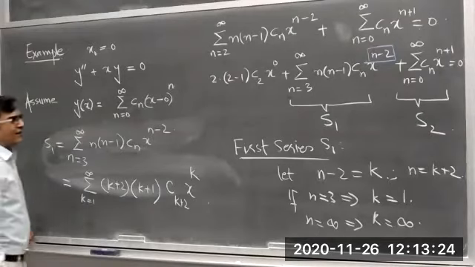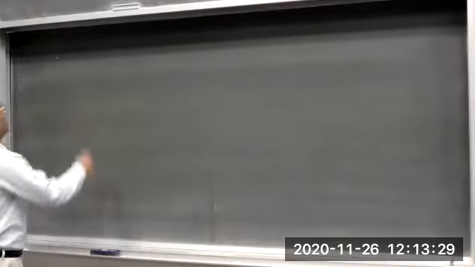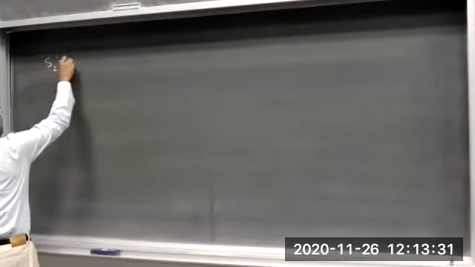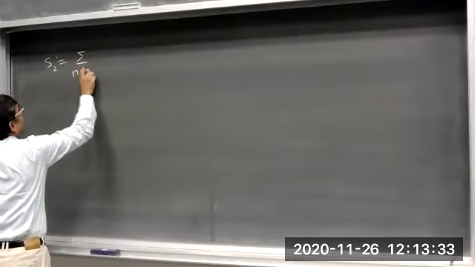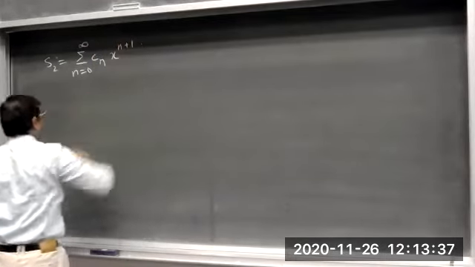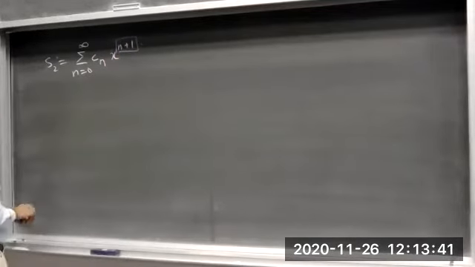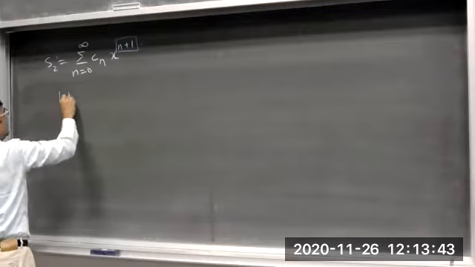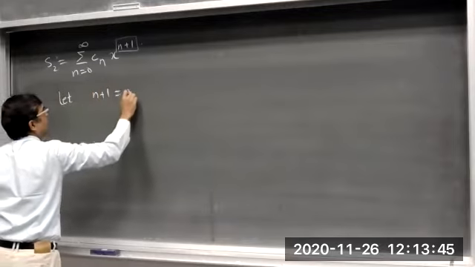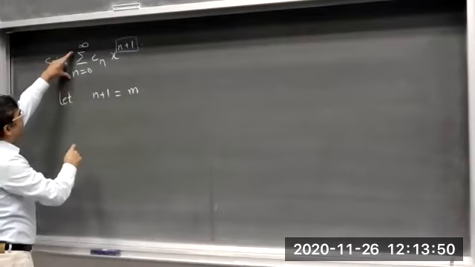Now, let us consider the second series. Now, consider S2. S2 is n from 0 to infinity, Cn x raised power n plus 1. Now, what we substitute now, let n plus 1 is equal to m. Now, we change the indices here.